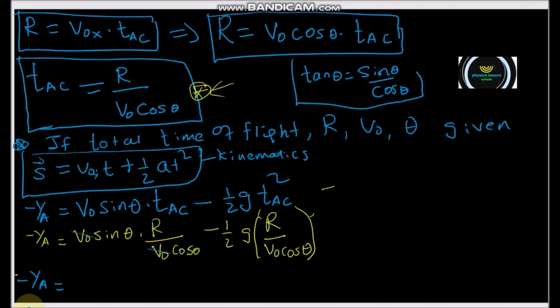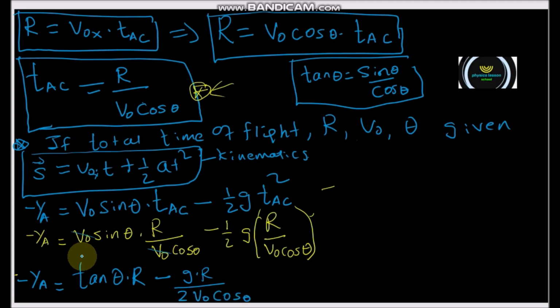Here we have tan theta times R, the range, minus g times range squared over twice of V naught cos theta squared.